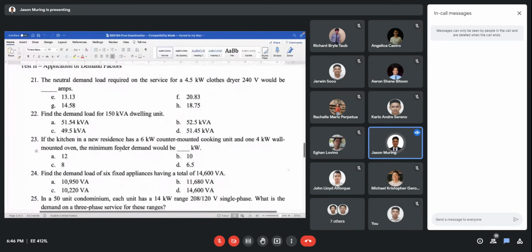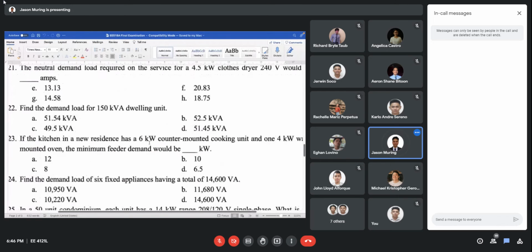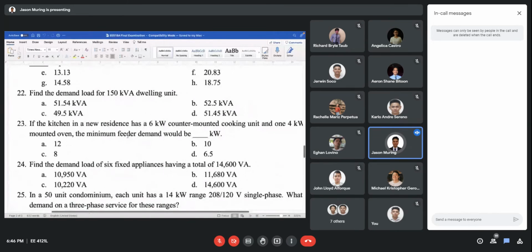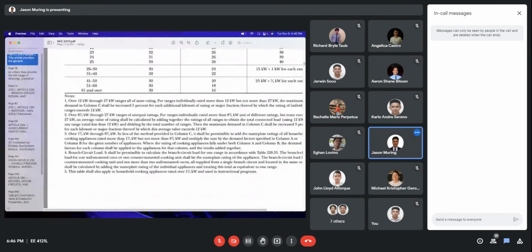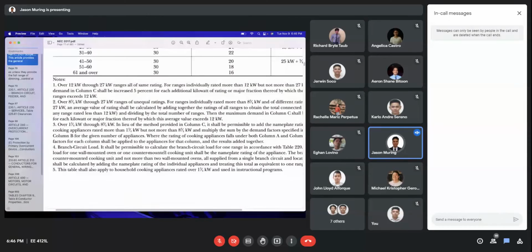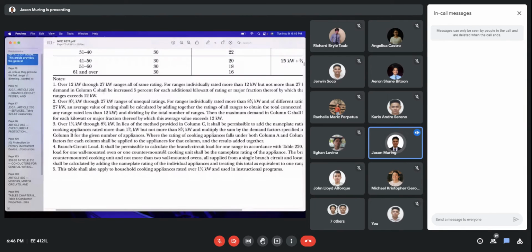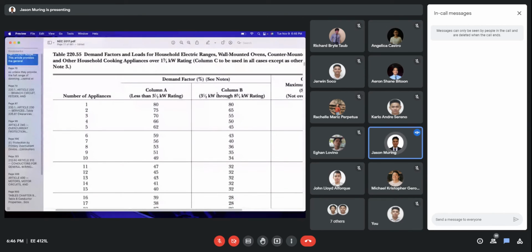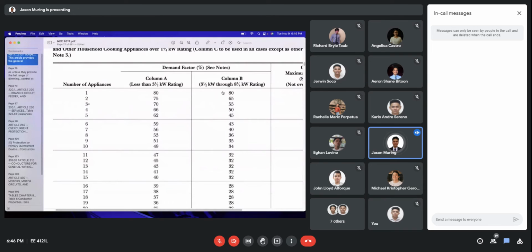Okay. So yeah, there are two loads here. One is the counter-mounted cooking unit, and the other one is the oven. Then there is a provision here. In this note, if ever you have that kind of load, only one cooking unit and one oven, you can actually assume that they are a single load. Instead of having two loads, if you are to calculate that using these demand factors, since they both belong to column B, 4 and 6, we multiply them by 65%.